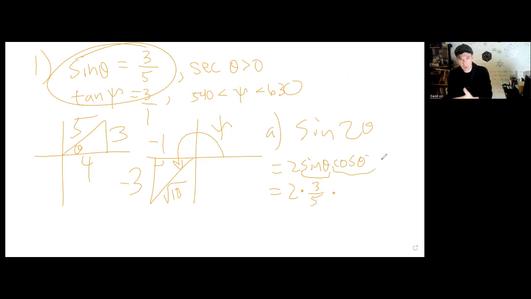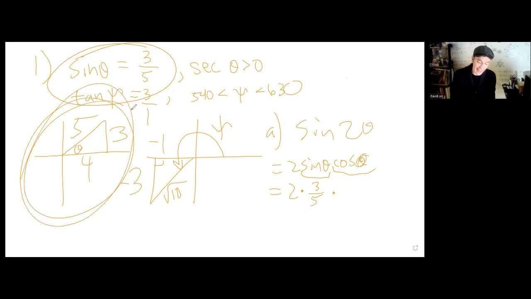Cosine is adjacent over hypotenuse. It says theta, so go to the triangle that has theta. And from here, cosine would be adjacent over hypotenuse. Calculator would say 24 over 25. Final answer for part A.